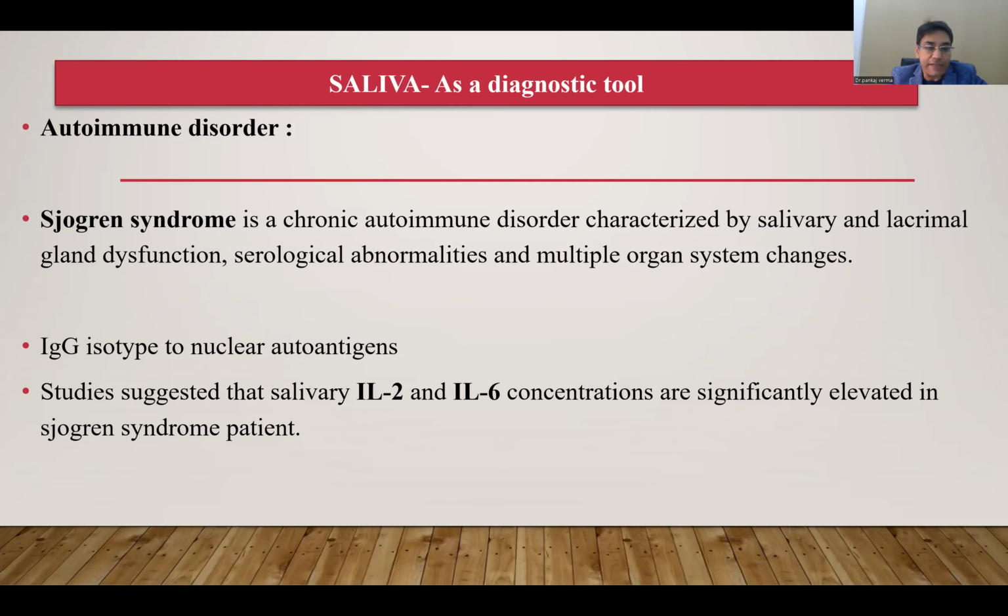Thus, in saliva, the IgG isotype to nuclear autoantigens are found. The studies suggested that salivary IL-2 and IL-6 concentrations are significantly elevated in Sjogren's syndrome patients.